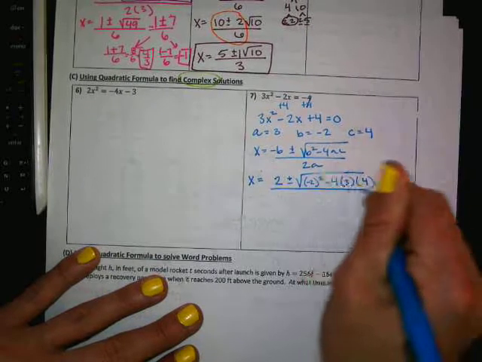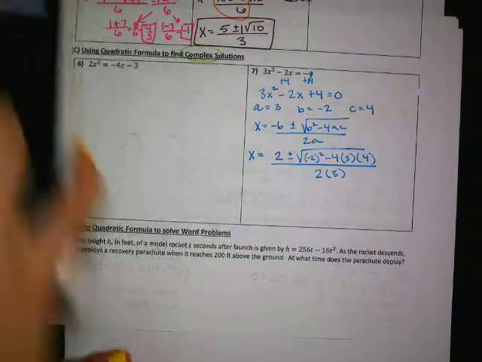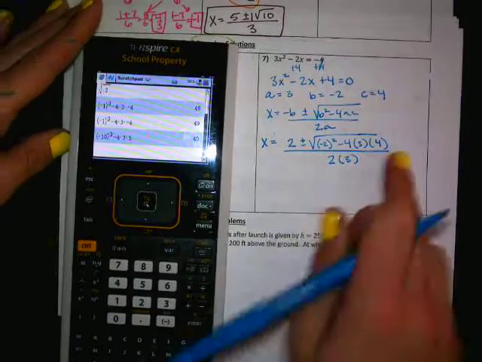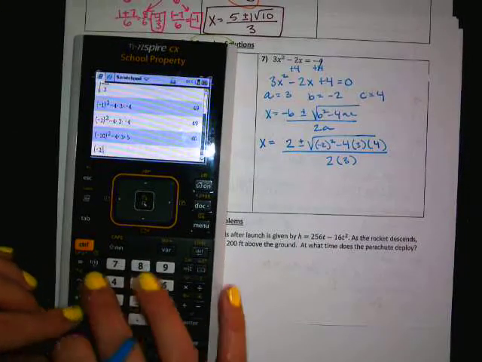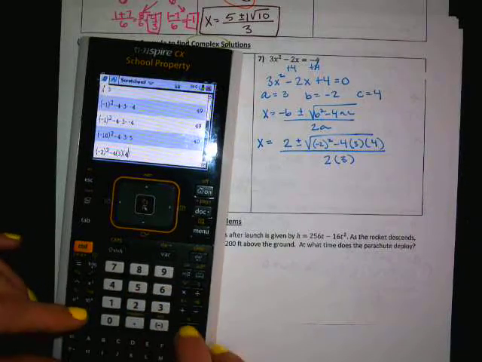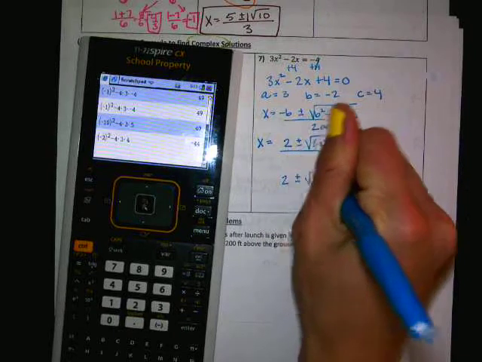Good. All right, in the calculator, I'm going to type in my discriminant, negative 2 squared minus 4 times 3 times 4. Hit enter. And I get negative 44.